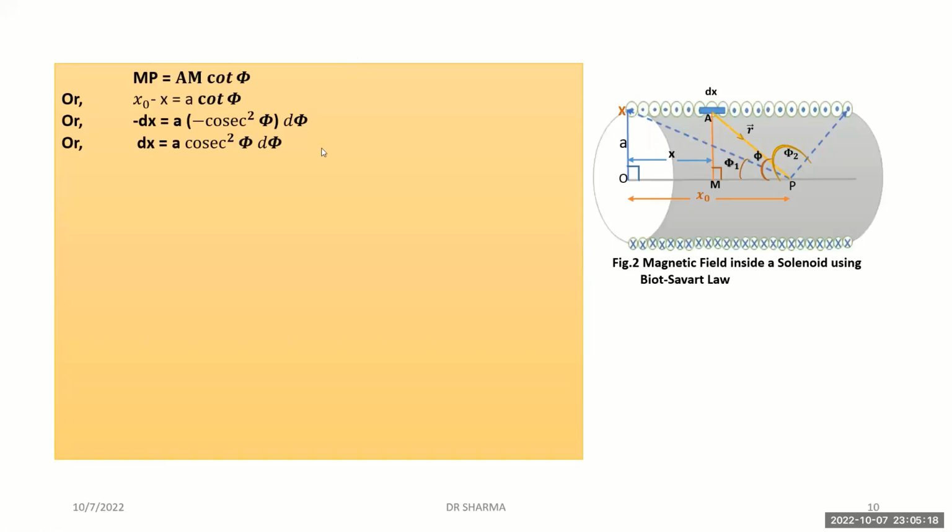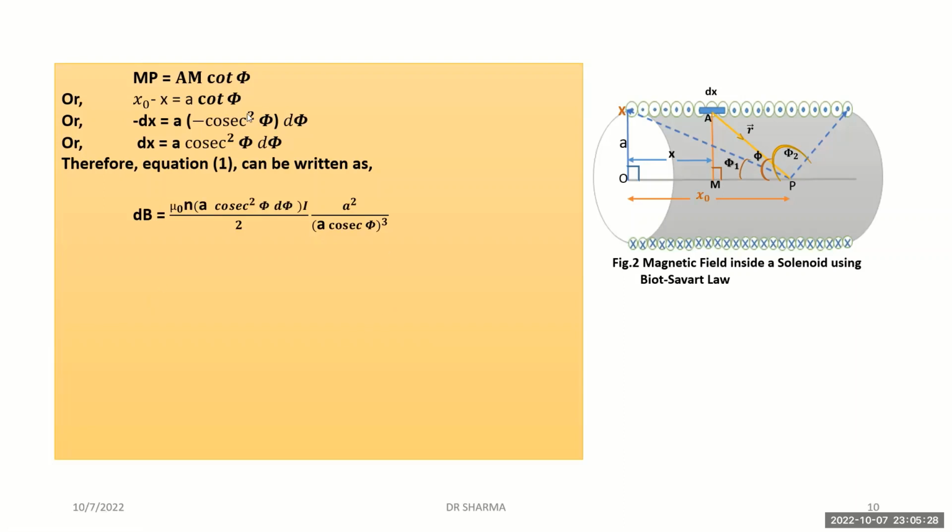Now, you can substitute the variables in equation 1 and get the expression as mu naught n I in place of dx.